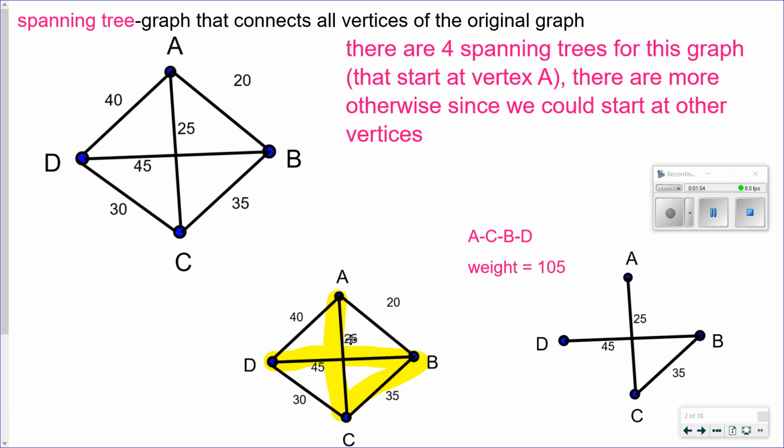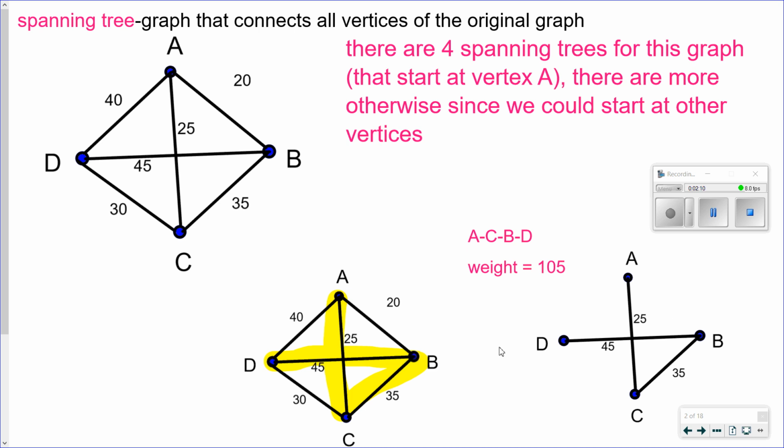I highlighted what one of the spanning trees would look like if you started at A and went to C and B and D. So basically we've connected all the vertices of the graph.